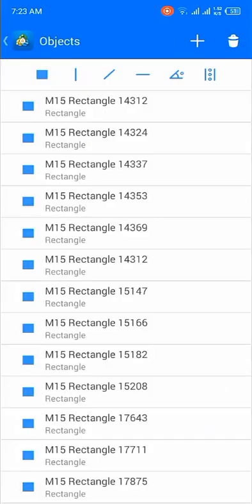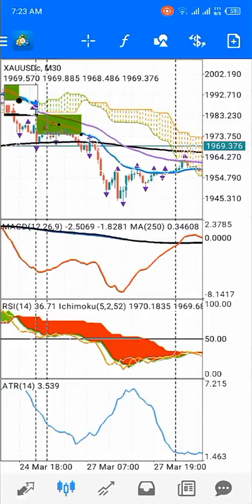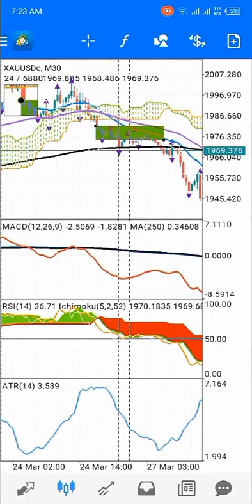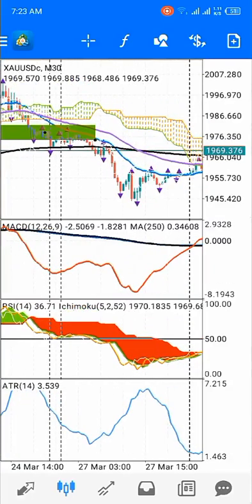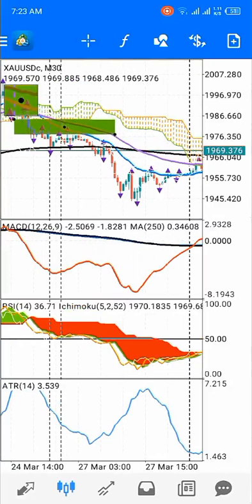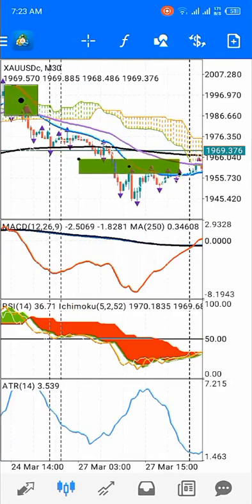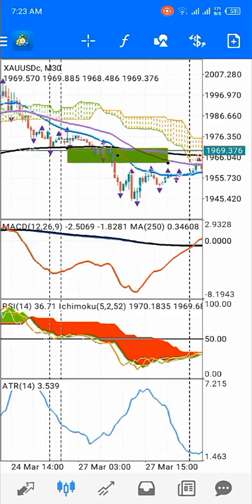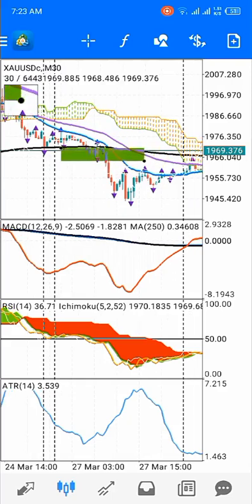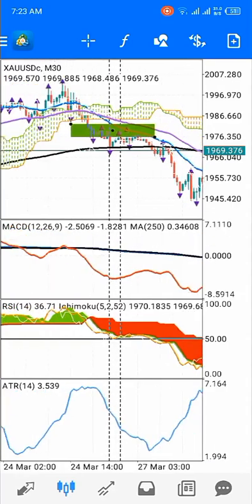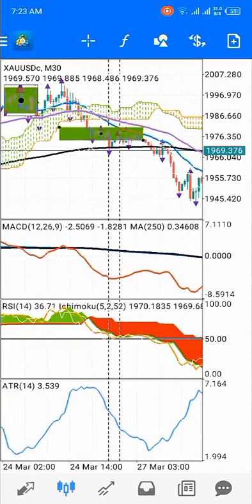Now let's look at a situation where you get to sell when price develops below the Ichimoku and the moving averages. An example is around that point. That's another point, but you have the black line below that point.